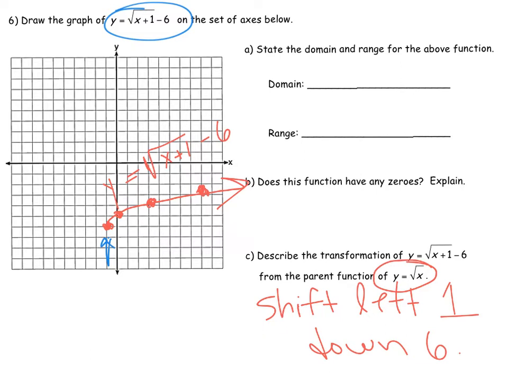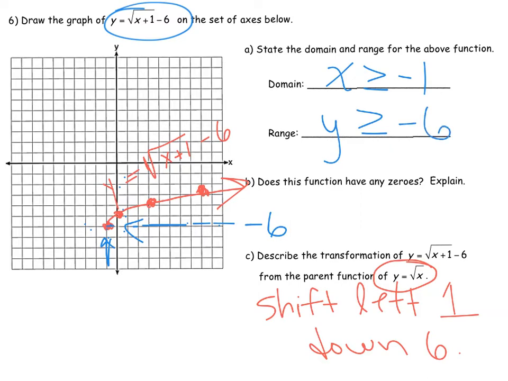So I'm looking at all values that are greater than or equal to negative 1. If I look at the range, the smallest y value is at negative 1, 2, 3, 4, 5, 6, at negative 6. So my y values will be greater than or equal to negative 6.